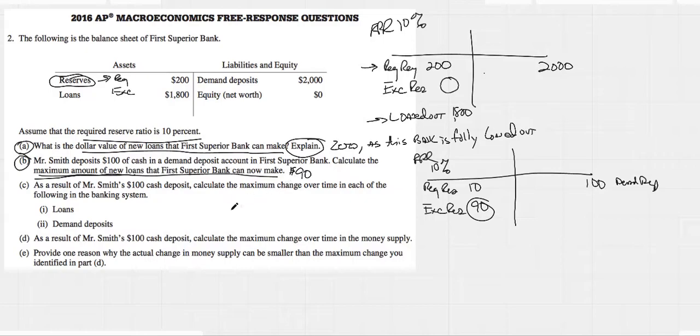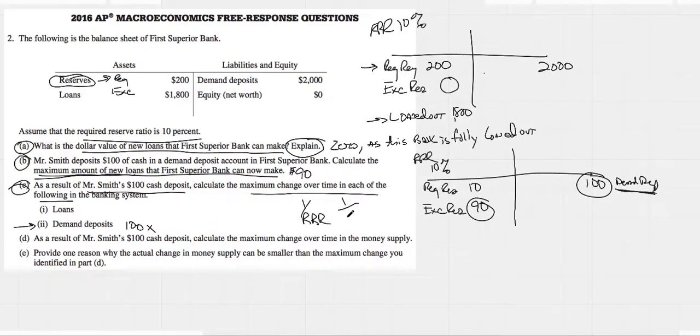Easy enough. C, as a result of the $100 cash deposit, calculate the maximum change over time in each of the following. Let's do demand deposits first, and just recognize that finding the maximum change over time of demand deposits, you're always just going to take that original demand deposit and multiply it by your multiplier. Now here our multiplier is, we find it by doing 1 over the RRR.